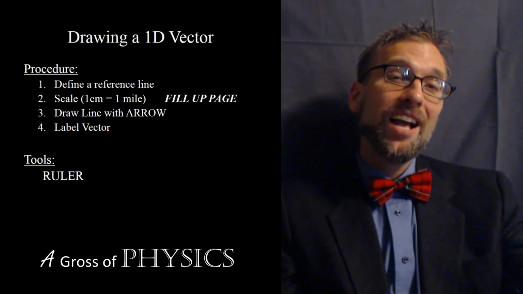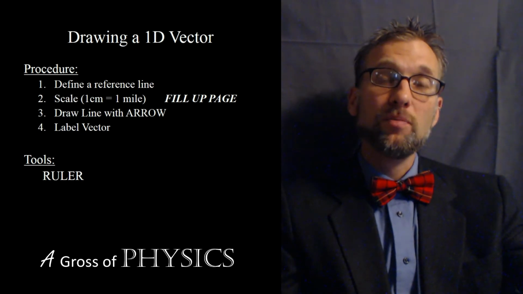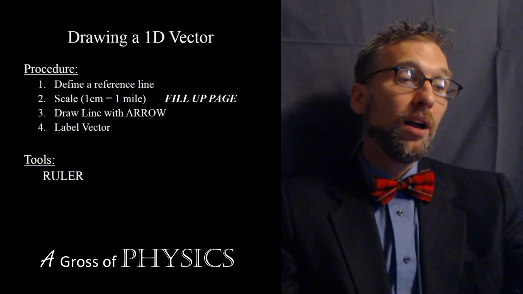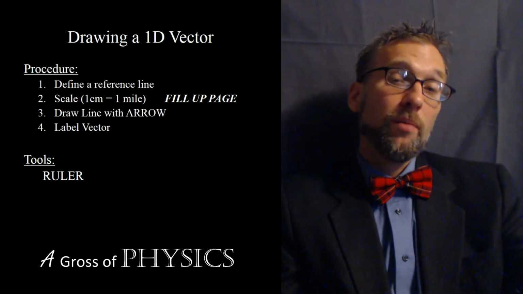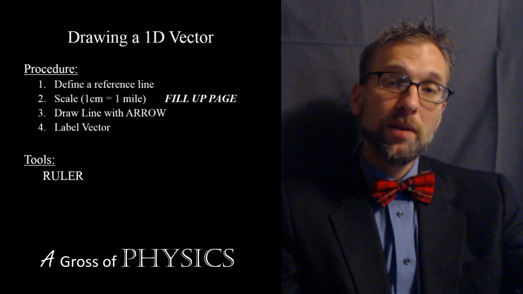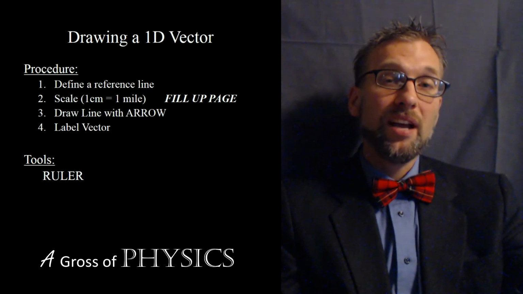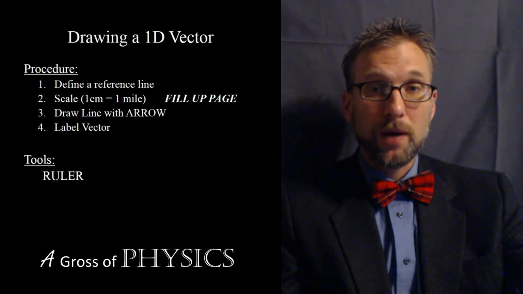You want to make sure the scale is appropriate for the page you're using. You want to fill up the page as big as possible. If you're using a whiteboard, you're going to want to make it as big as possible within the confines of the whiteboard. If you're using a standard piece of letter paper, you'd want to have a scale that fills up the page as much as possible.